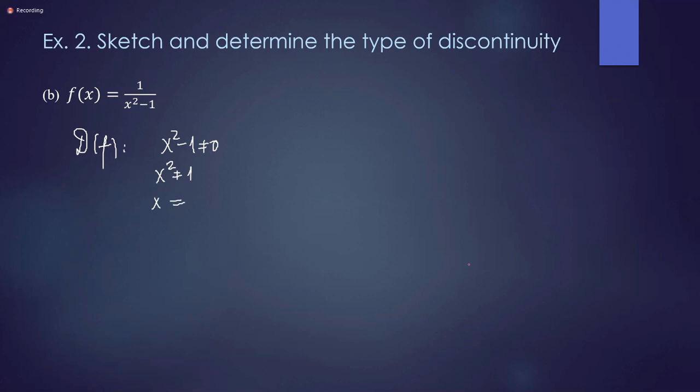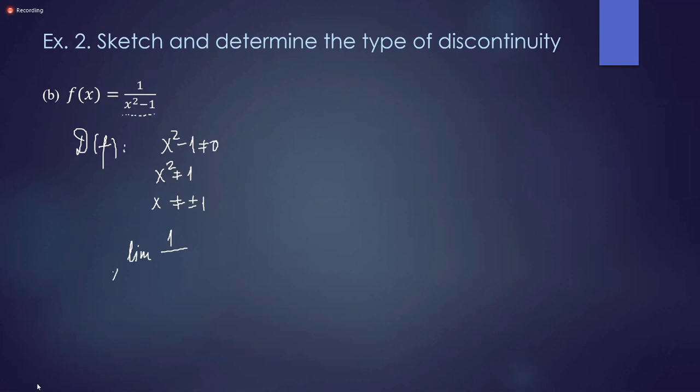Perhaps there's more, but as soon as we understand what this graph might look like, we can decide. So 1 divided by x squared minus 1. We understand that at these 2 points, where x is 1 and where x is minus 1, we get 1 divided by 0. So limit when x tends to 1 plus 0, from the positive side, of 1 over x squared minus 1.